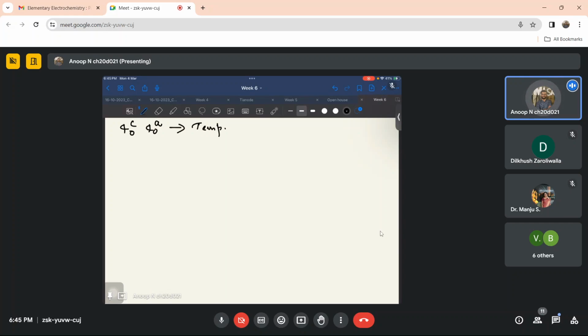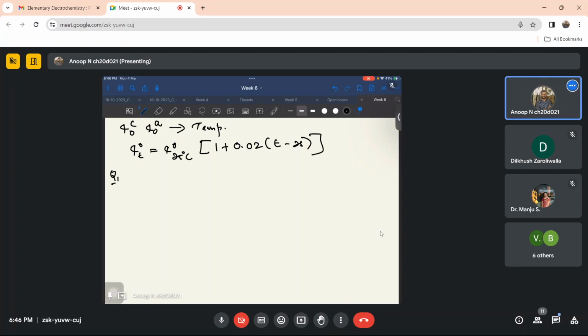Someone has given an empirical relation for this, which is L0 at 25 degrees centigrade into 1 plus 0.02 into T minus 25 degrees centigrade. Temperature is in degrees centigrade, so you have to take care of that.